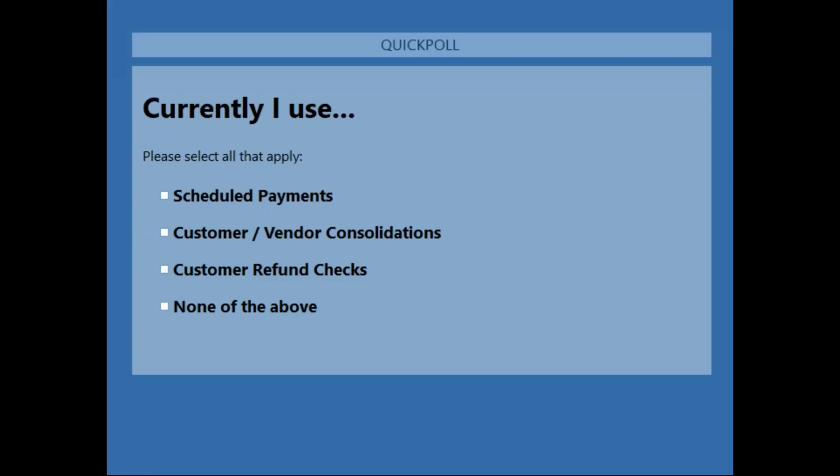If you could just answer the question, do you currently use, and you can select more than one, scheduled payments, customer vendor consolidations, or customer refund checks, just so I can get a little feel on how we're doing. Okay, a lot of you are using customer vendor consolidations. That's rocking. I love that. I'm going to go ahead and close the poll.